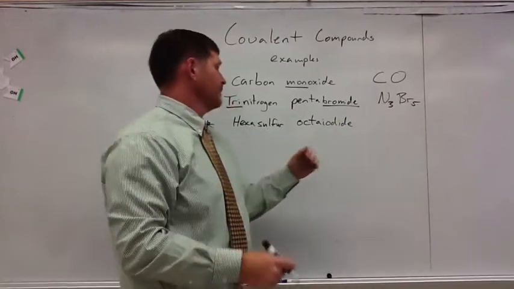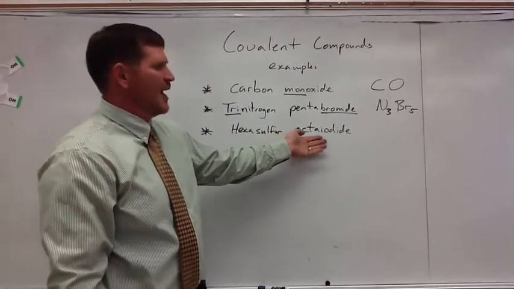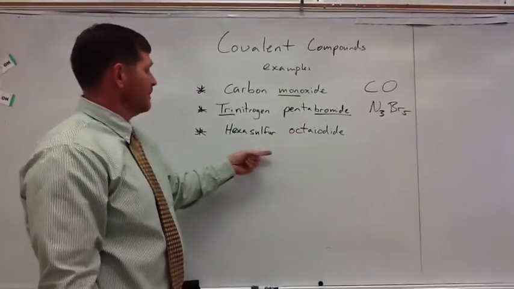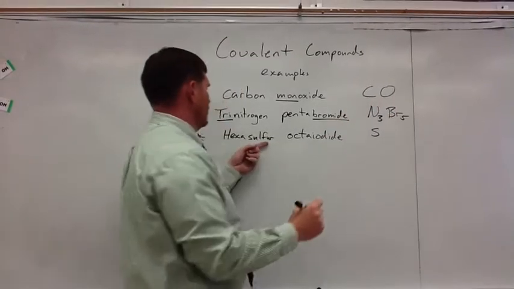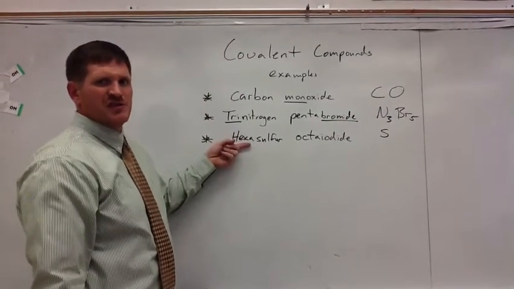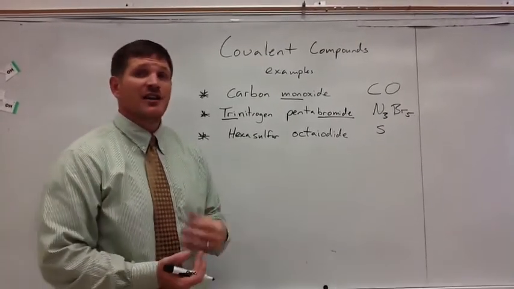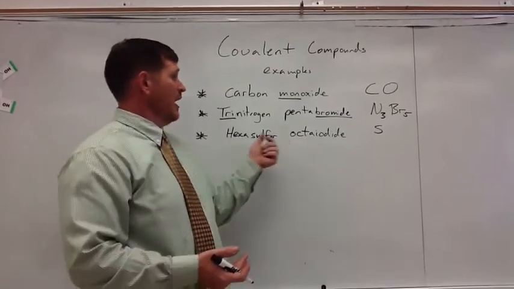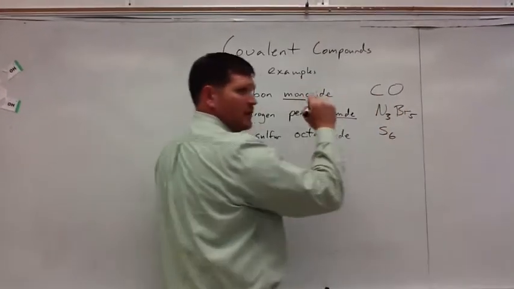All right, the last one, hexasulfur octaiodide. It's a fun word to say. I've got sulfur. Sulfur is S. Okay, hexa. Hexa is one of those ones because you're like, is it hexa or is it hepta? Okay, a hexagon, 6 sides. Hexa for our prefixes is going to be 6.